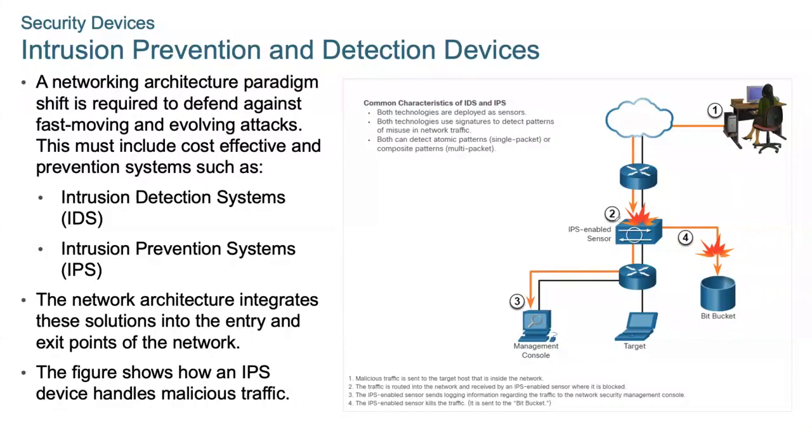When it is not matching, it automatically invokes an alert inside the network that some malicious traffic is getting in. The IPS enables the sensor and sends the logging information regarding that traffic to the network security management console of your router, another system of your routers.